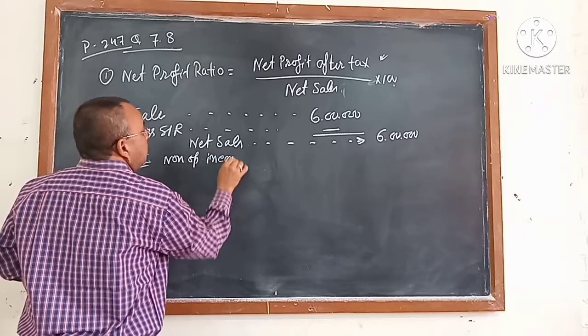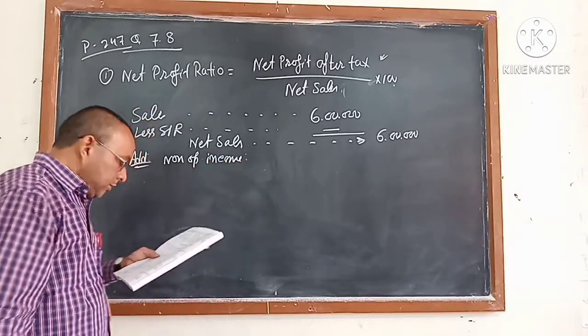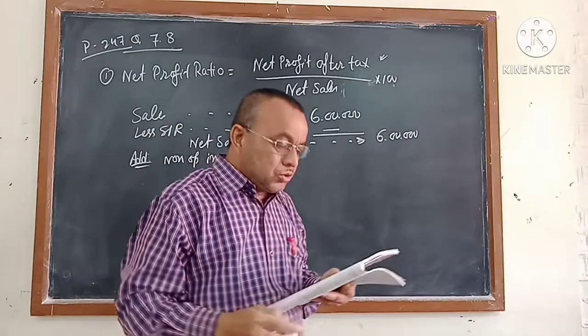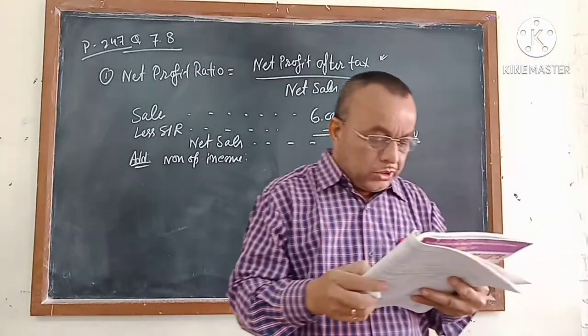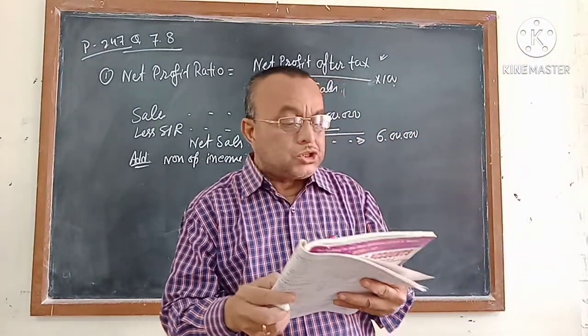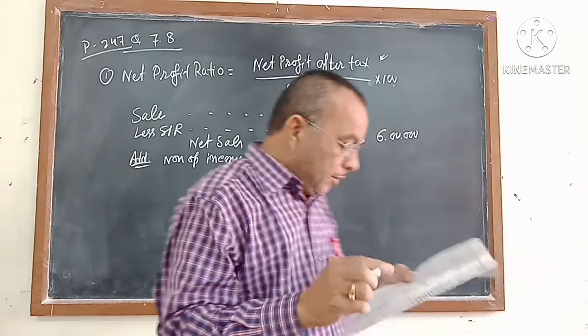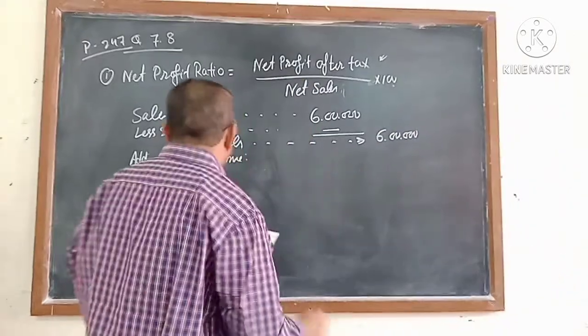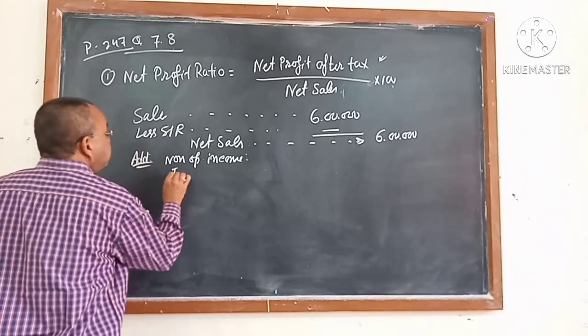Non-operating income, what is given in this question? See in your question, non-operating income, it is given income from interest on dividend. Income from interest on dividend, one income is given.